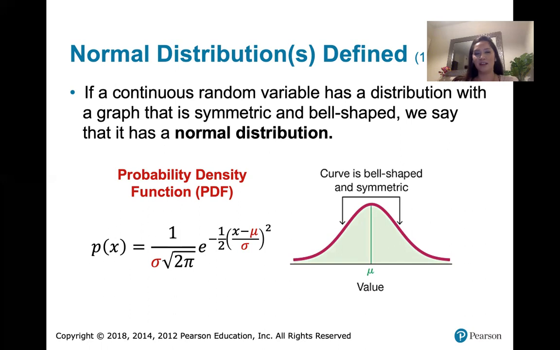And we're going to look up these probabilities and ranges in a table of z-scores. We're not going to use this function at all, but I did want to show you the function because if a continuous random variable has this probability density function, that's what it means for that continuous random variable to be normally distributed.